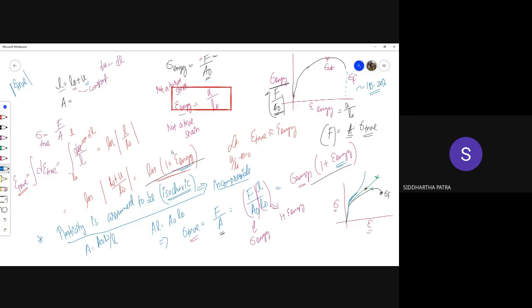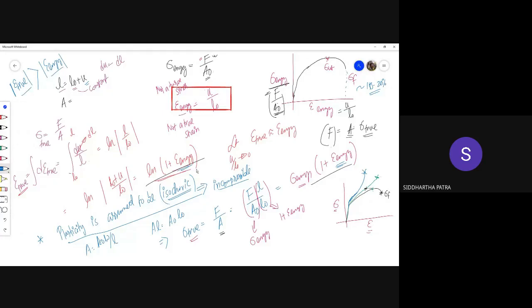So the actual value of the true strain would be larger compared to the engineering strain. I'm talking about the unsigned quantities, the absolute values.